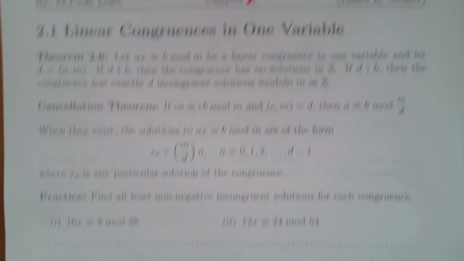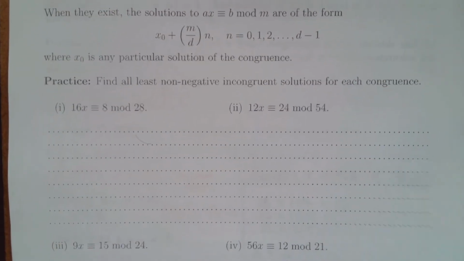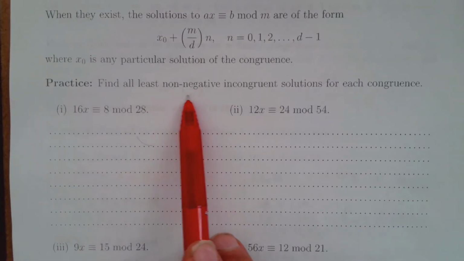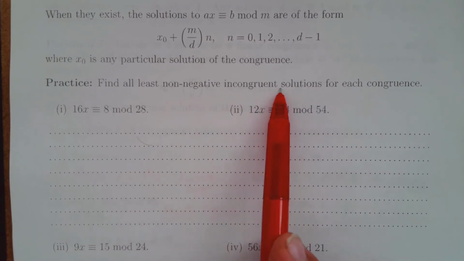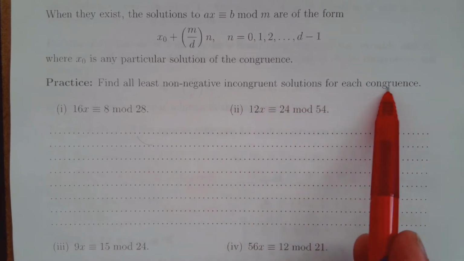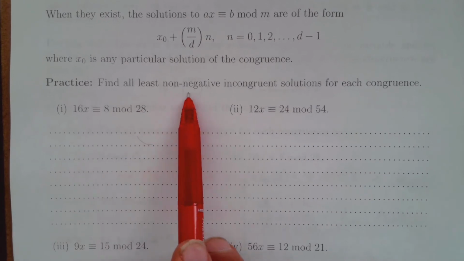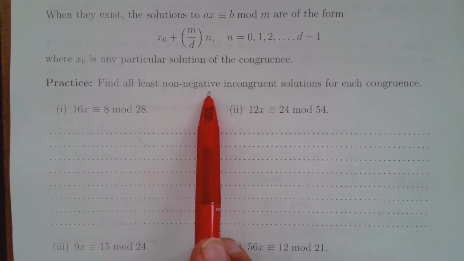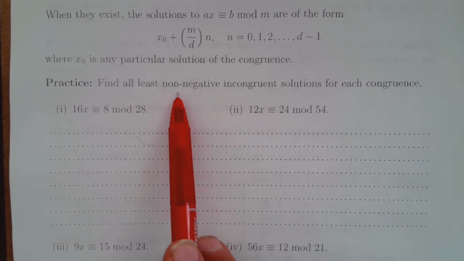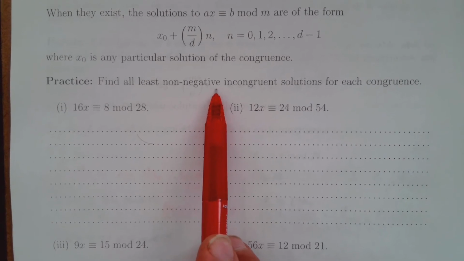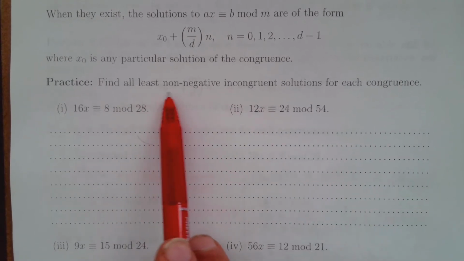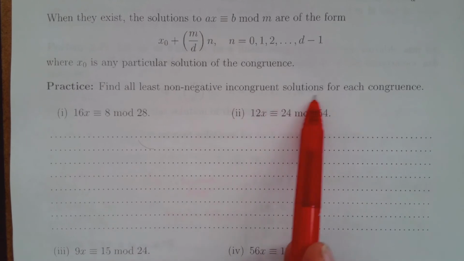So let's practice a few of these. Find all least non-negative incongruent solutions for each congruence. When it says non-negative, 0 is a possible answer. When it says positive, 0 is not a possible answer.